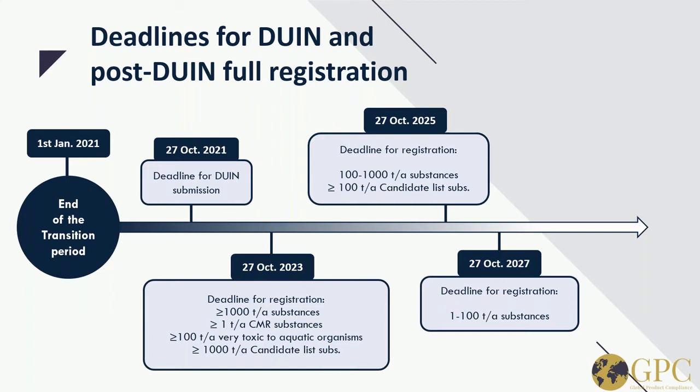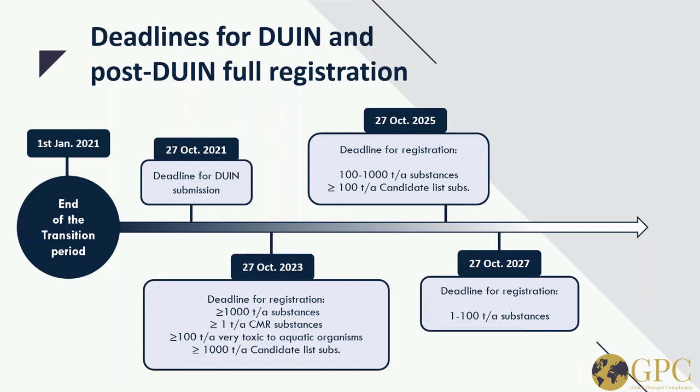And then in 2 years, in October 2023, there's a deadline for registration for those who have performed DUIN and who import or produce more than or equal to 1,000 tons per annum of some chemical substances, or more than or equal to 1 ton per annum of CMR substances, 100 tons per annum or more of very toxic to aquatic organism substances, and also more than or equal to 1,000 tons per annum for candidate list substances.